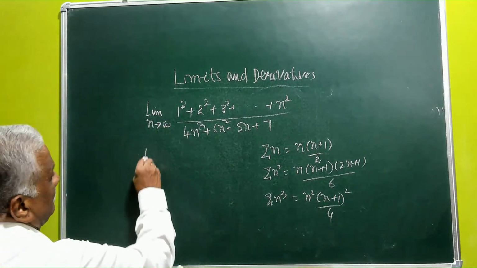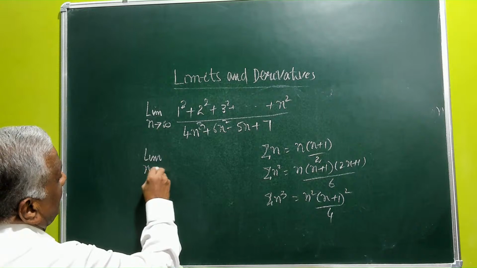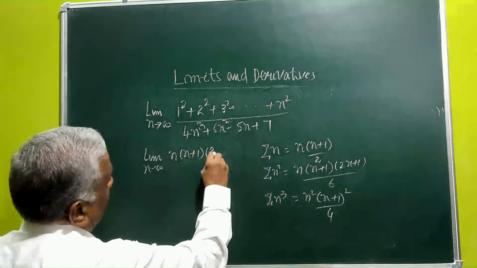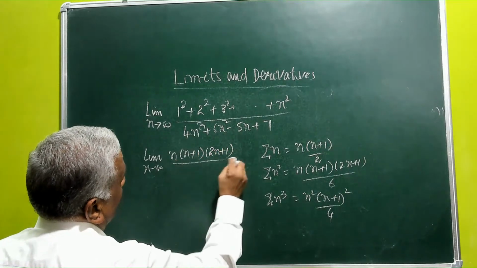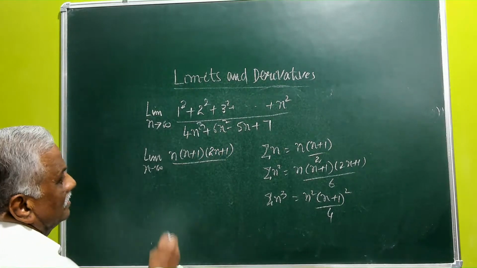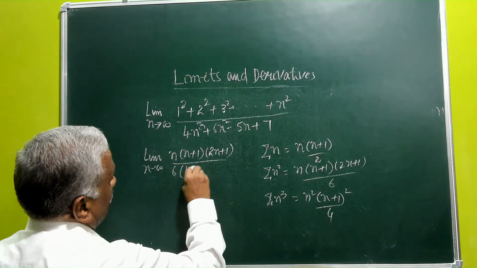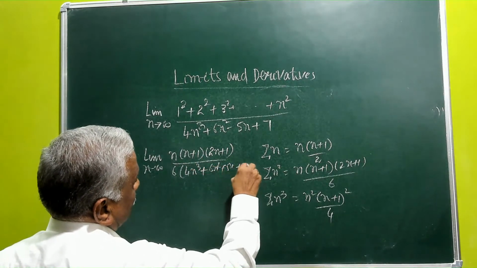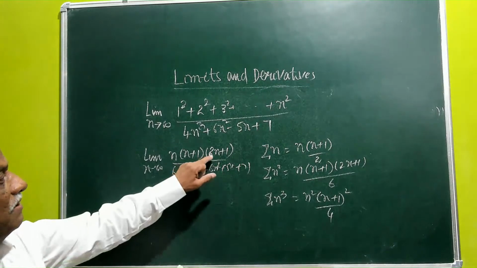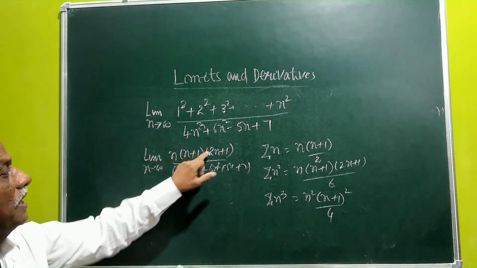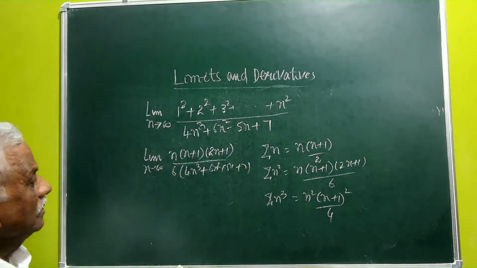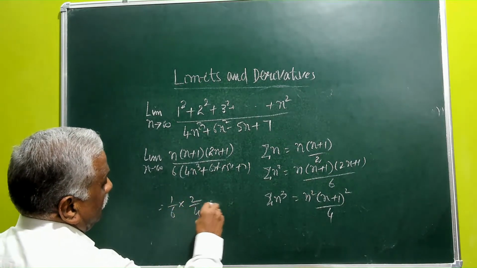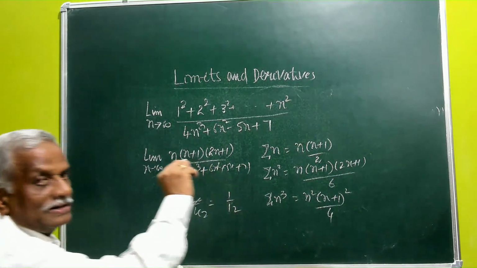What will happen is, limit n tends to infinity, n into n plus 1 into 2n plus 1 divided by 6 into the denominator. See, when you multiply, you are going to get 2n cube. This is 4n cube. Therefore, answer should be 1 by 6 the constant, this 2 by 4. The answer is 1 by 12.